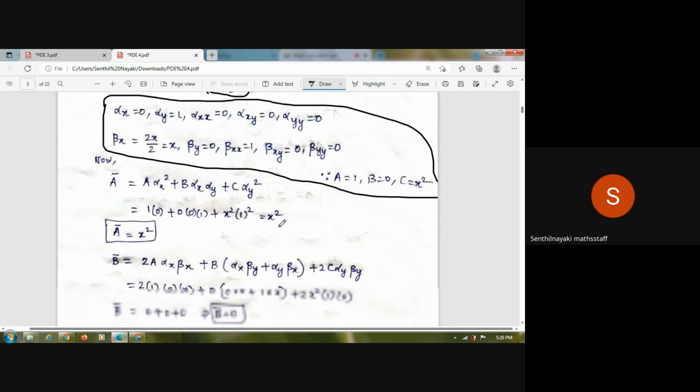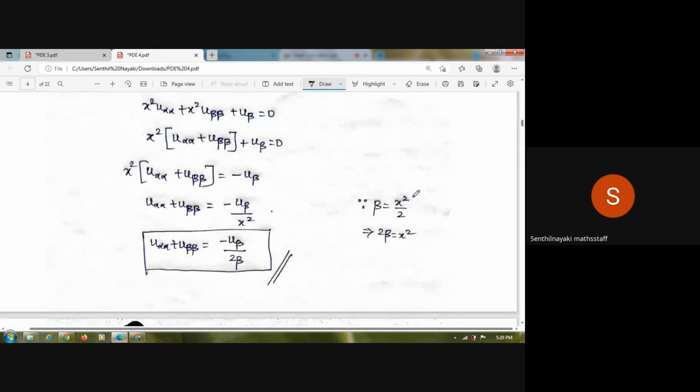Instead of this x square we can replace it by 2 beta. Therefore the final canonical form for this elliptic equation is u alpha alpha plus u beta beta equals minus u beta by 2 beta. This is the solution procedure for the canonical form of elliptic PDE.